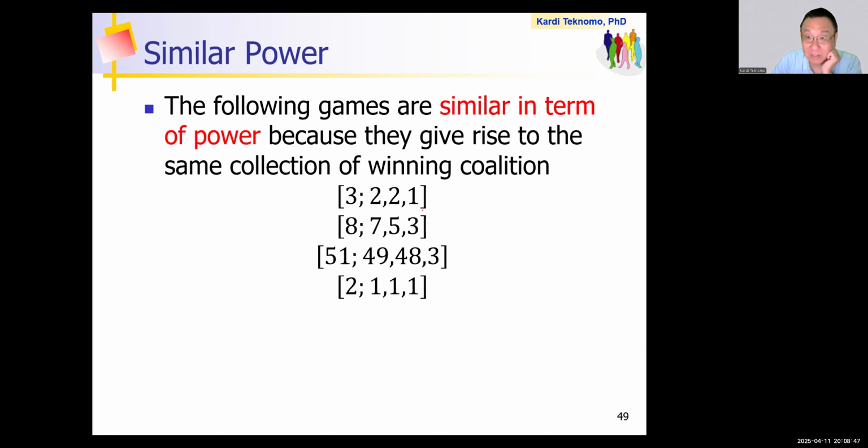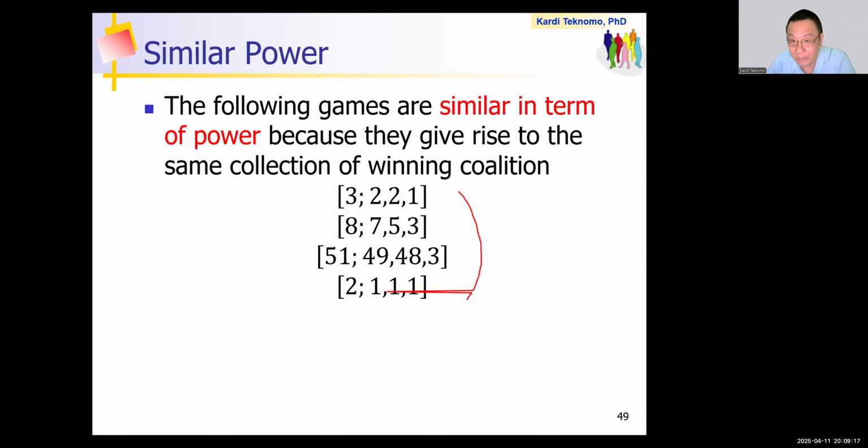So these are simple values which represent similar power. Even though the numbers are different, in terms of power they are similar. Why? Because they give rise to the same collection of winning coalitions.